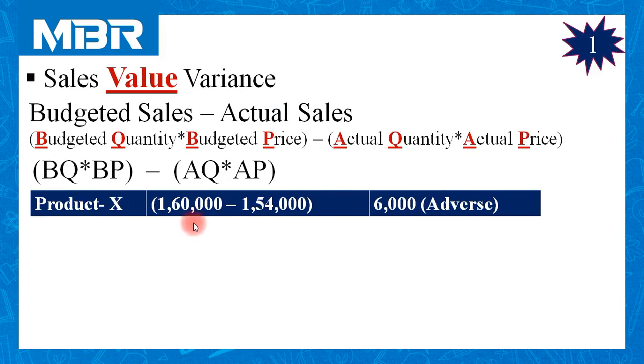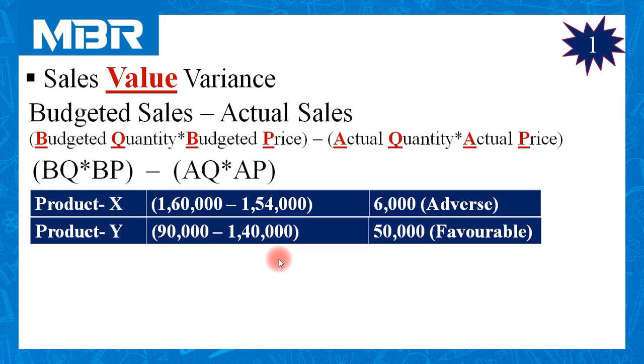from the table. Product X, 1,60,000 budgeted sales minus 1,54,000. As the amount of sales decreased, revenue decreased, and as the revenue is decreased, it is adverse. So the result is 6,000 adverse. For product Y, budgeted sales 90,000, actual sales 1,40,000.